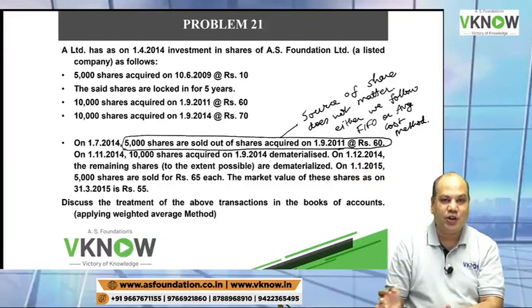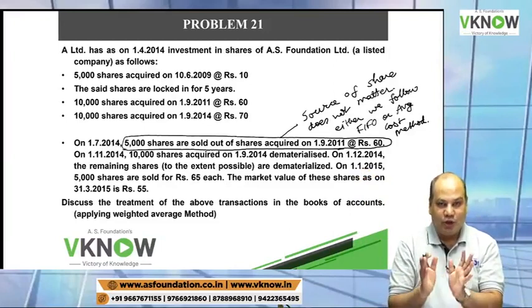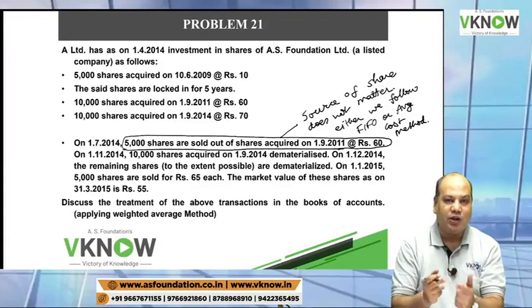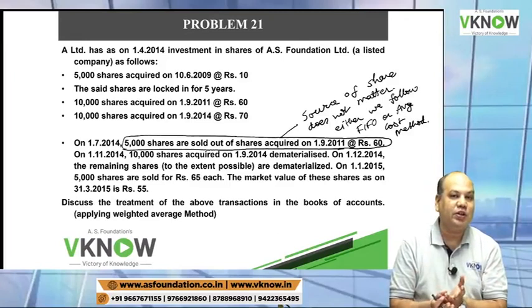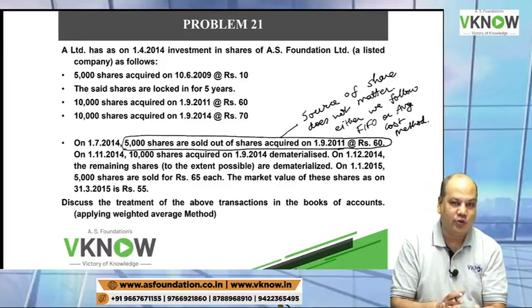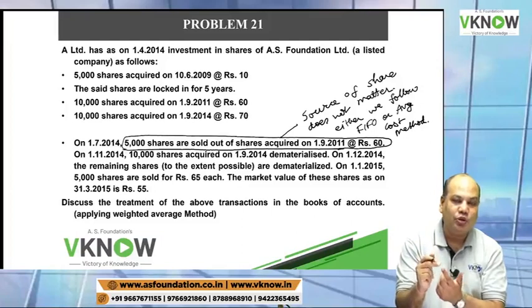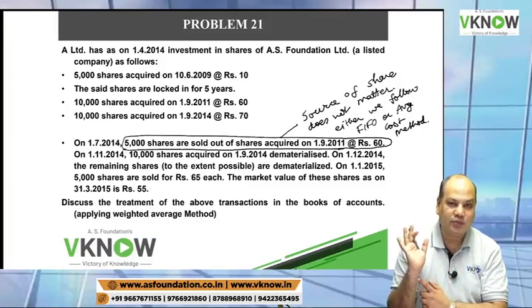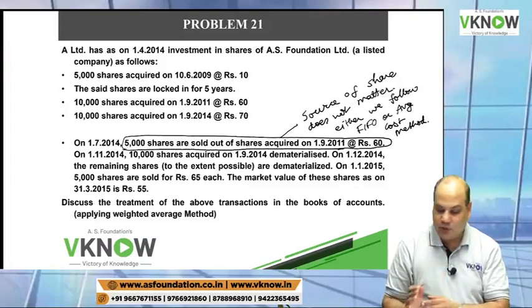There is a process given in AS-13, and that process says if you are a long-term investor, apply average cost. Average cost means every time you purchase, calculate the average cost, and that average cost will be applied to all the sales made and for valuation of closing investment. That is what we have done.